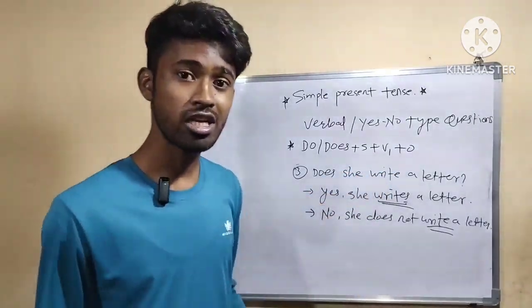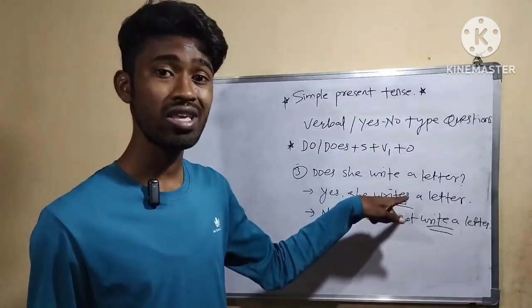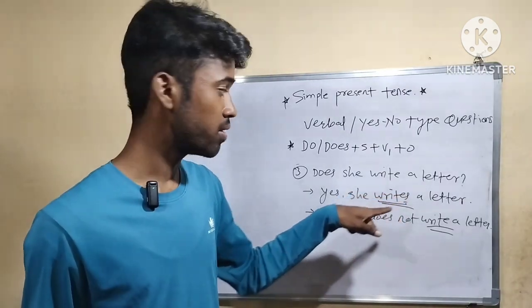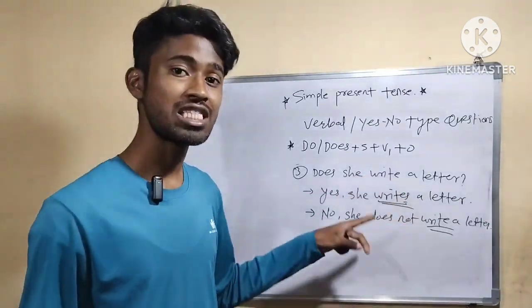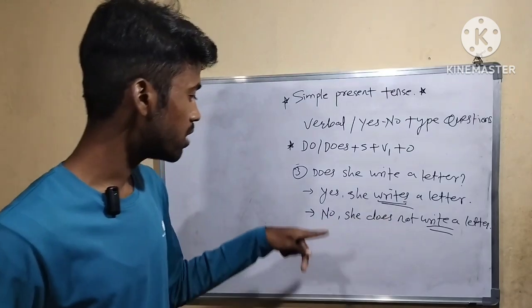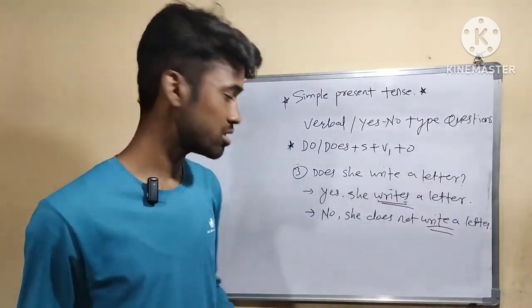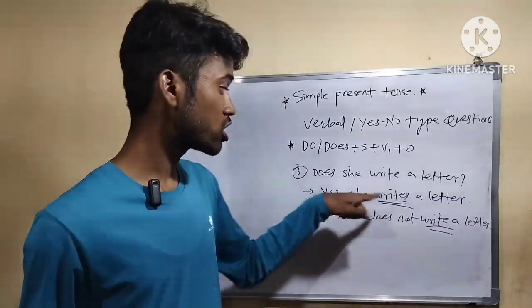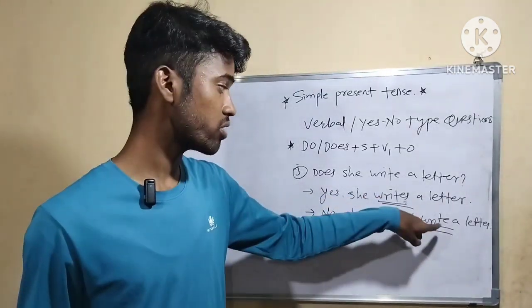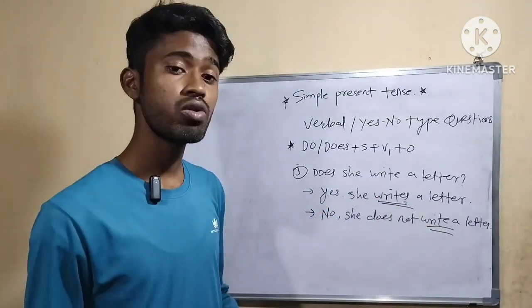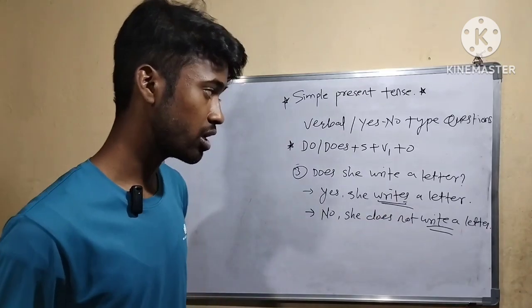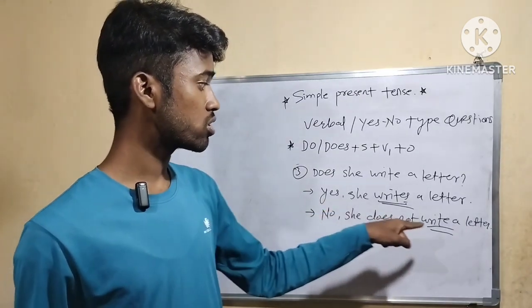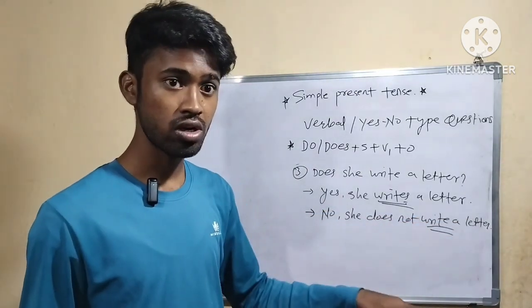But in the positive sentence, there is no does, and that is why we have to use s or es after the verb. But in the negative sentence, does is there. No, she does not. So here after the verb, we need not use the s or es. So no, she does not write a letter.